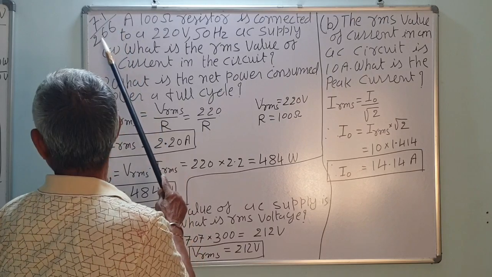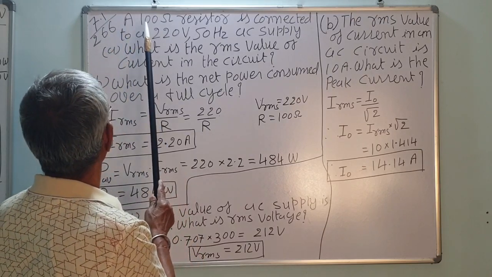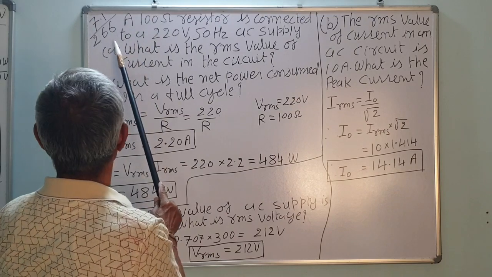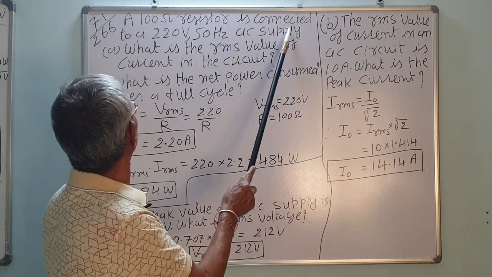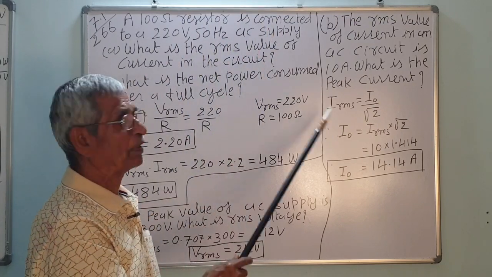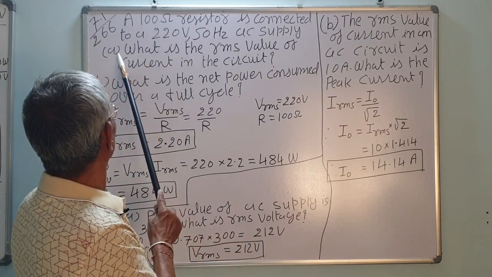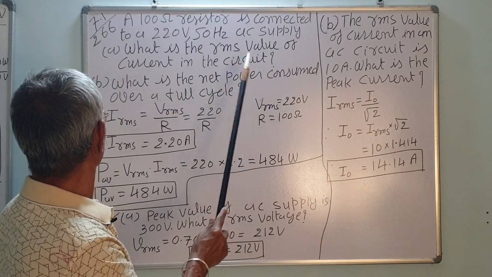Example 7.1 on page number 266. This is an exercise example. A 100 ohm resistor is connected to a 220 volt, 50 hertz AC supply. Number 1, what is the RMS value of current in the circuit?